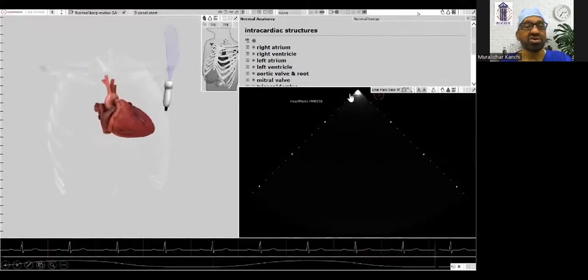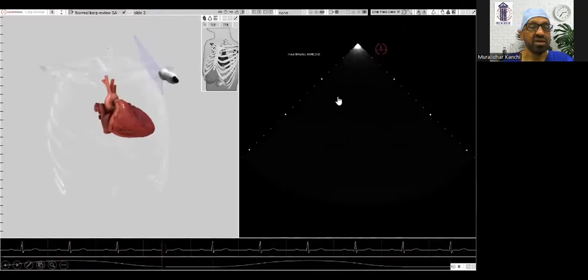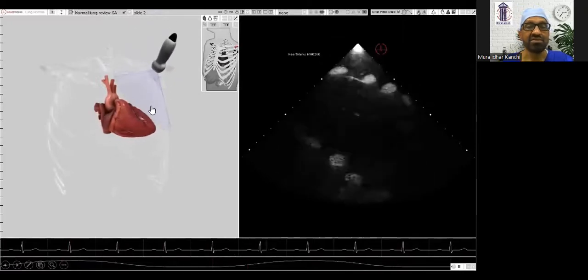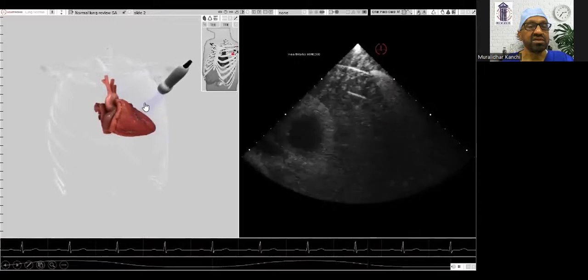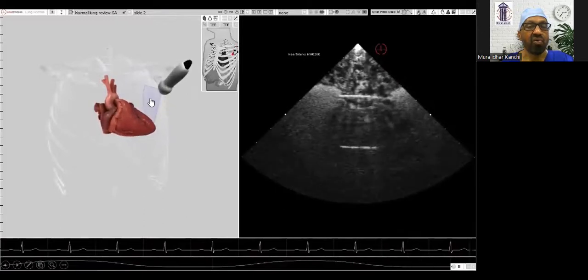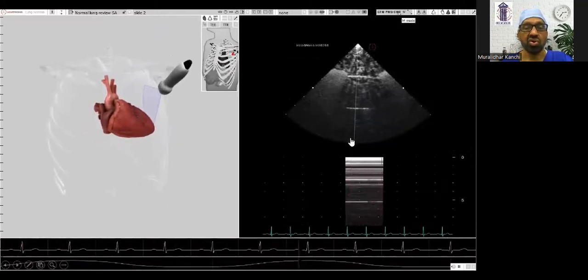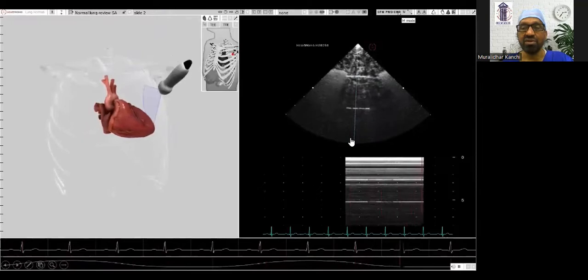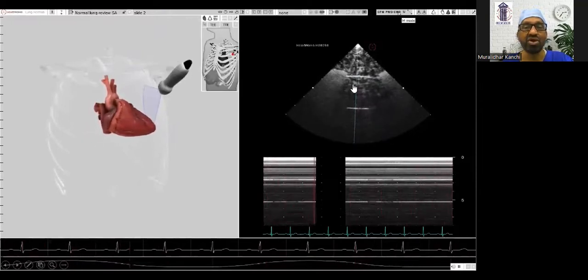Similarly, lung ultrasound can be taught in a virtual environment by using a simulator. This is the probe placed on the chest to look at the lung parenchyma and also to develop the barcode or seashore sign by use of M-mode echocardiography.